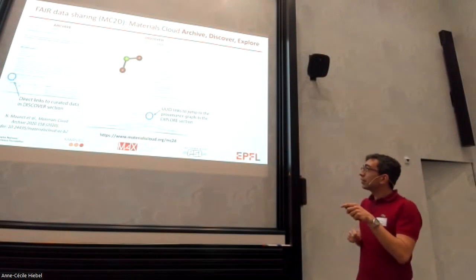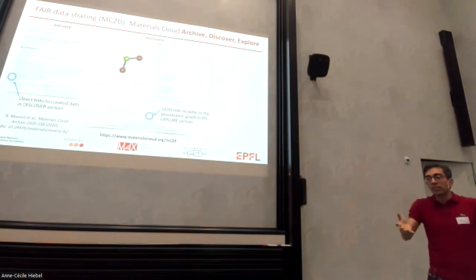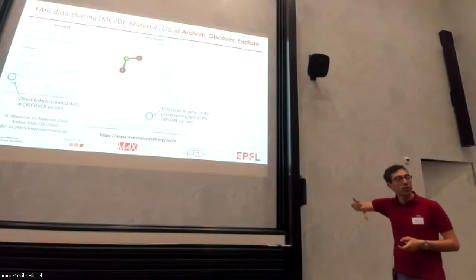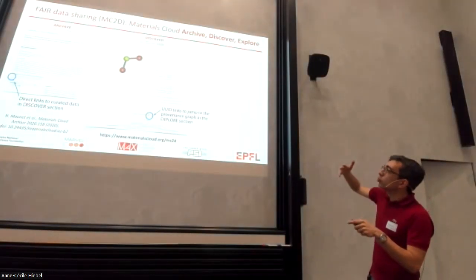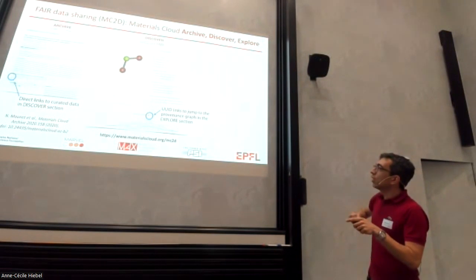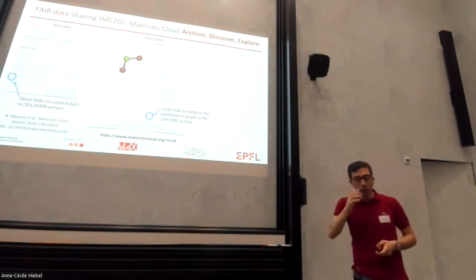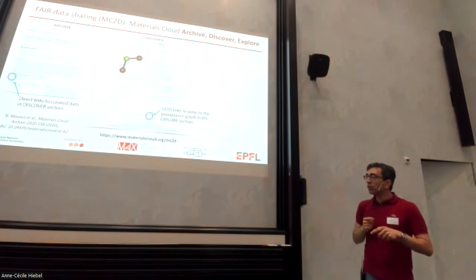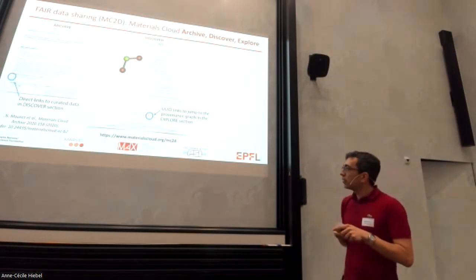For each property, we summarize the important things a person who understands these materials would want to know: what is the geometry and the symmetry of this material, the band gap, if it has a substrate or not, if it's magnetic, etc. But now, since we did it with AIDA, we could make these little icons.